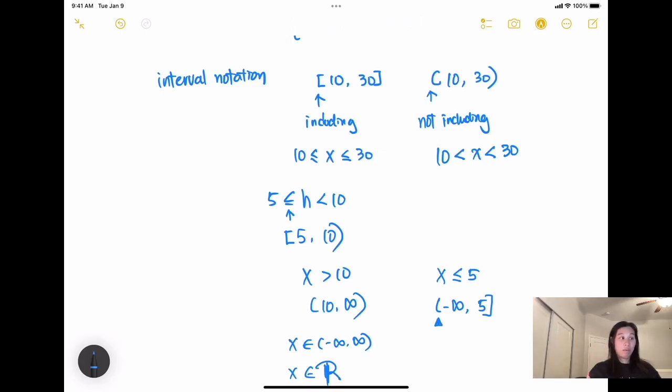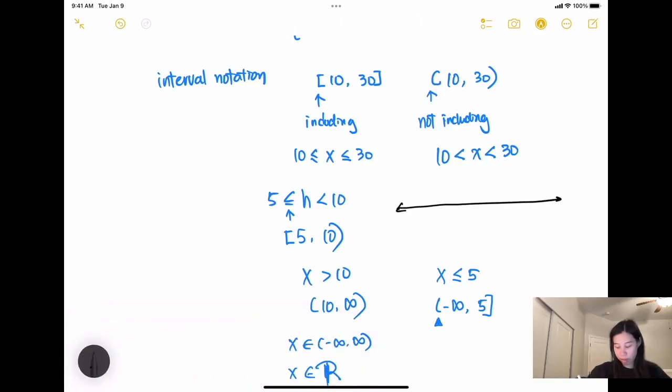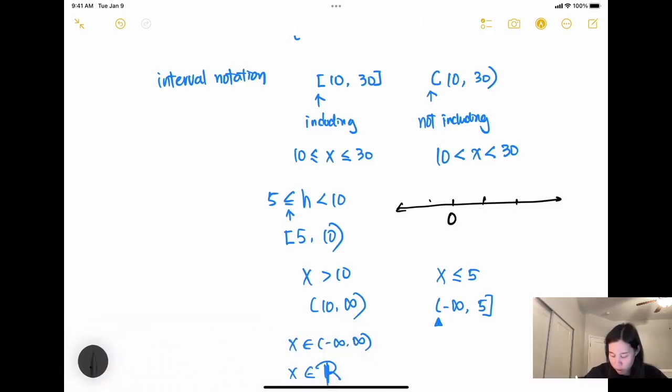So the other way to do it is to use a graph, such as h in between 5 to 10. We draw it on the number line. Let me draw a better one. I have 0 here, 5, 10, negative 5, right?